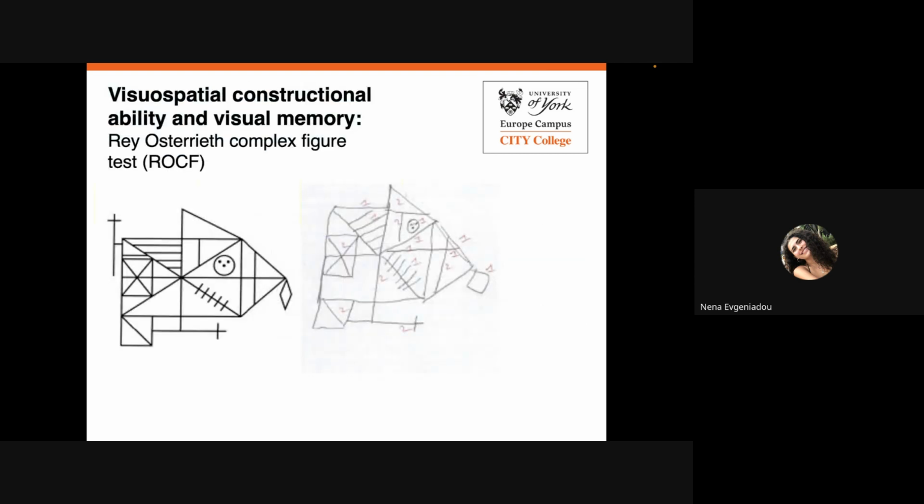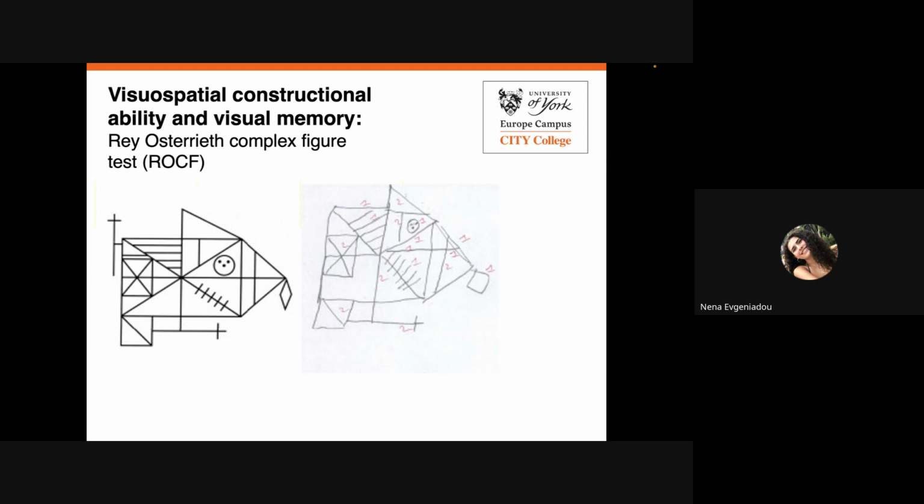Then, since we've seen that visual memory also plays a role in temporal lobe epilepsy, we can use the Rey-Osterrieth Complex Figure Test. This is the original page and shape that we give to the patient to copy. So they see and copy the shape. We immediately take both of the pages and provide a blank one so that we can have an immediate recall from them by memory.